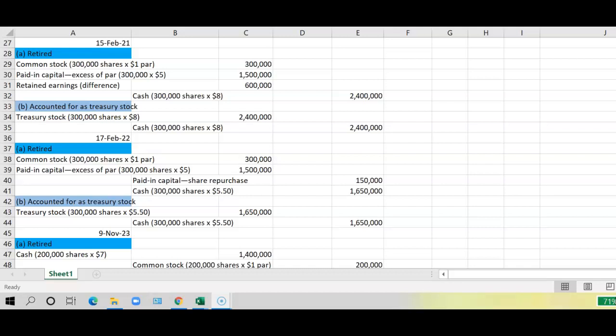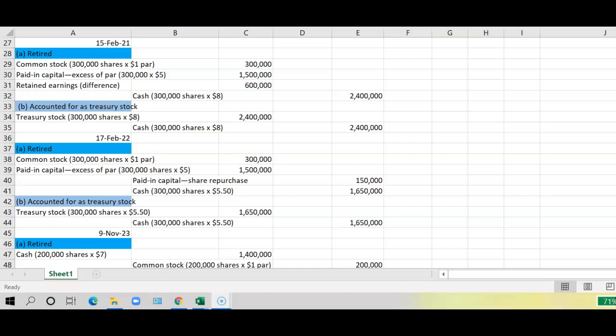So there's $5 of excess par that we have to remove, which is $1.5 million. The company then credited cash for $300,000 times 8, which they paid for the stock, which is $2,400,000. The difference is a debit to retained earnings for $600,000 to balance the equation.